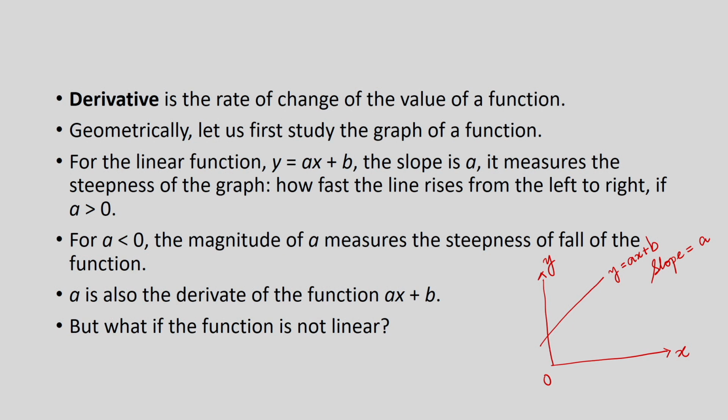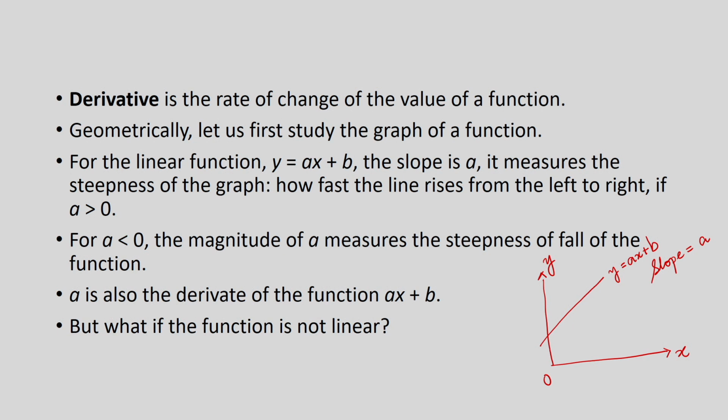The slope is the steepness of the graph, how fast the line rises from left to right if a is greater than 0. If a is less than 0, then a measures the steepness of the fall of the function, because if a is negative, the function will be downward sloping. But in that case also the magnitude of a will measure how steeply the function is declining.